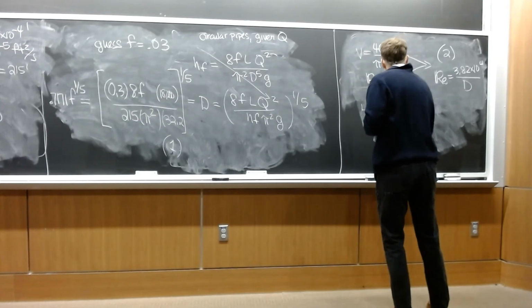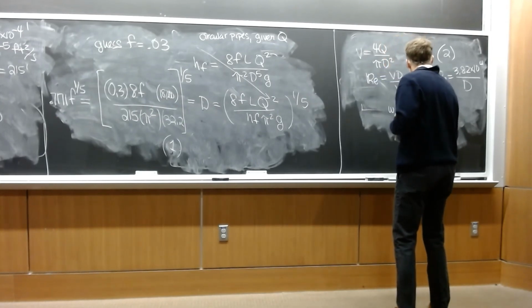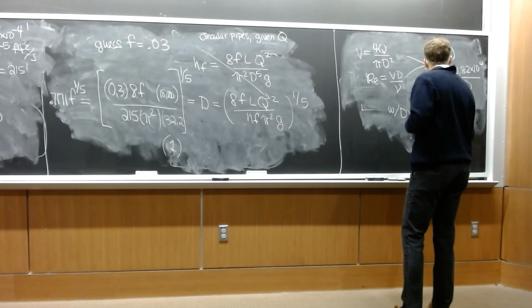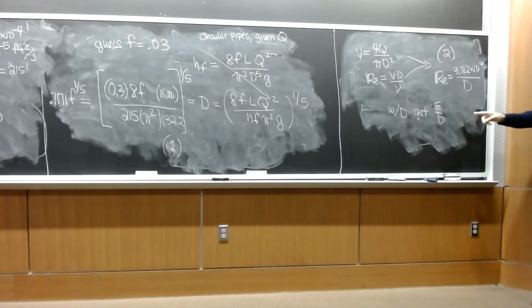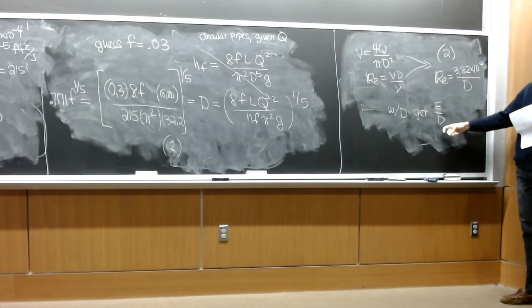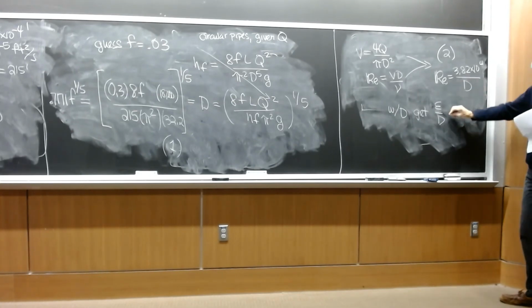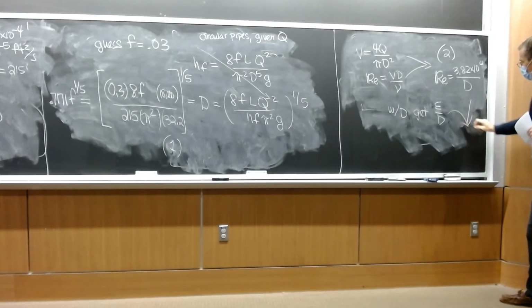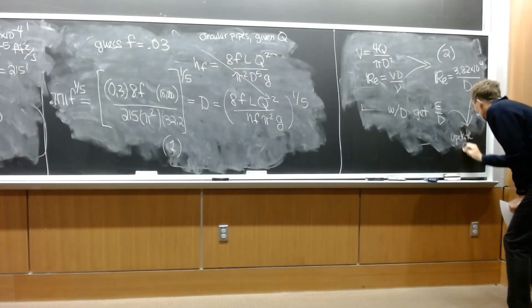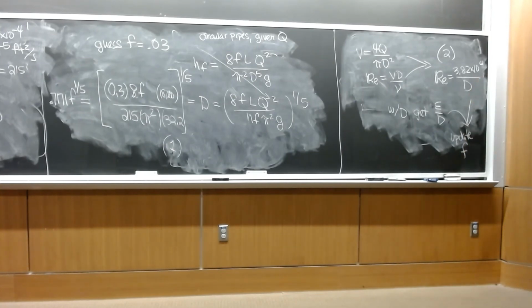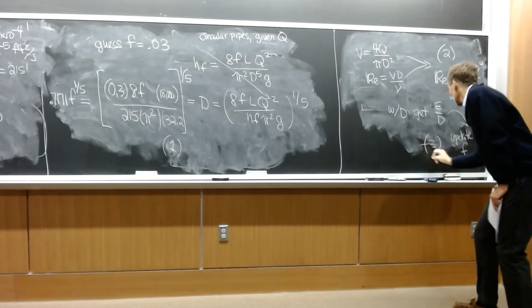And with the D, once we've calculated the D, we then get relative roughness and put these two together to update our value for our friction factor. And that's the process. So that's first step, second step, and our third step is here.